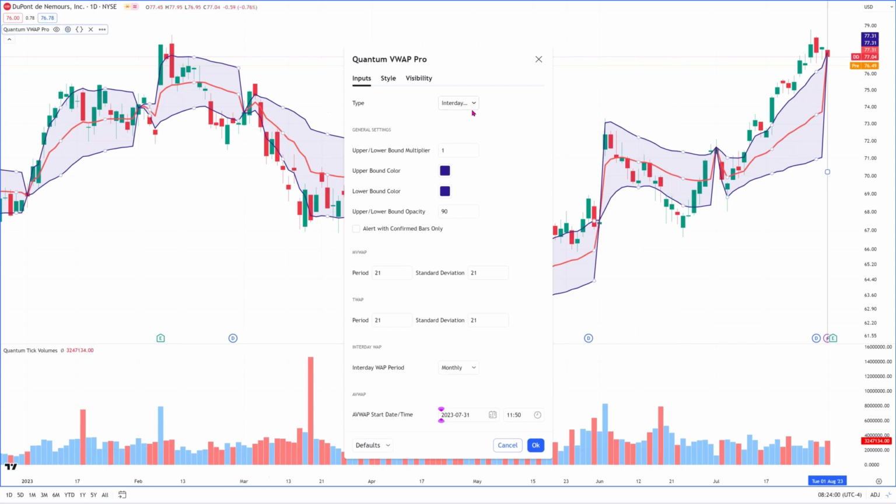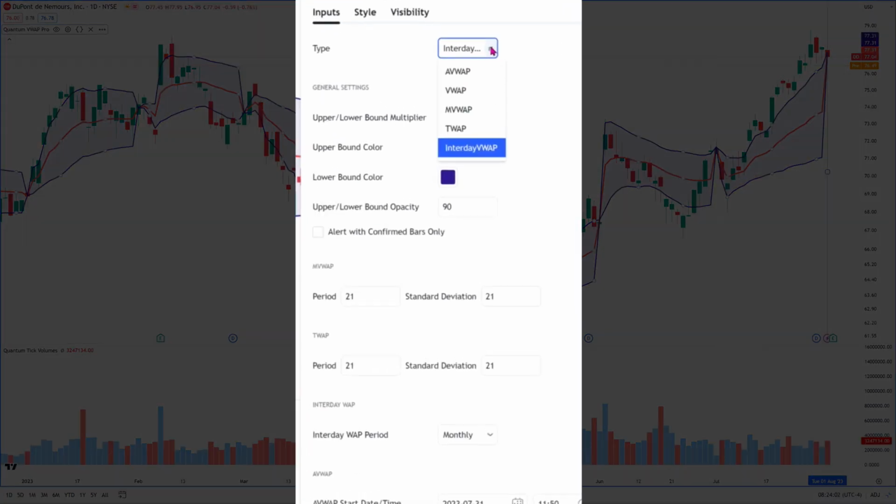There we go. You can see we're on the Interday, which is the 5th of our 5 variants. We've got the anchored VWAP, the VWAP itself, the moving volume weighted average price, the TWAP, the time weighted average price, and now we're on the Interday, which is squarely planted in the investment sector.